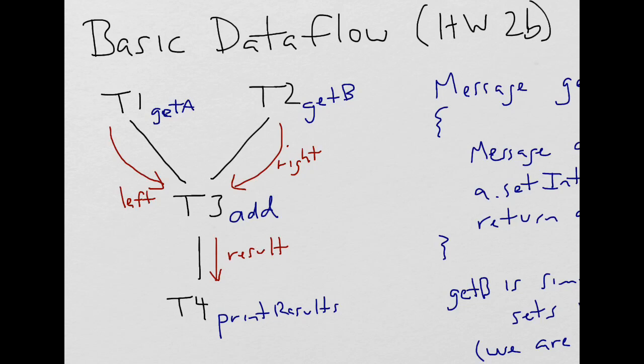I want to point out that this is what we call static data flow. That is, the tasks are all known in advance, and there is a more sophisticated type of data flow that we might work towards, subject to interest, which basically is where we would take these tasks and be able to even generate task names at runtime. We'd be able to have reentrant tasks and so on.